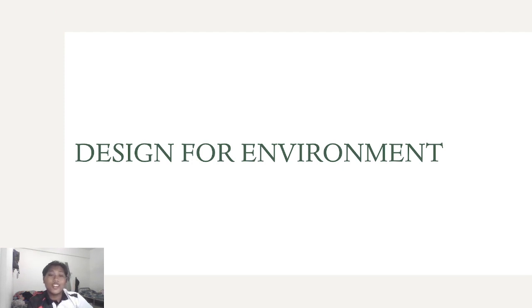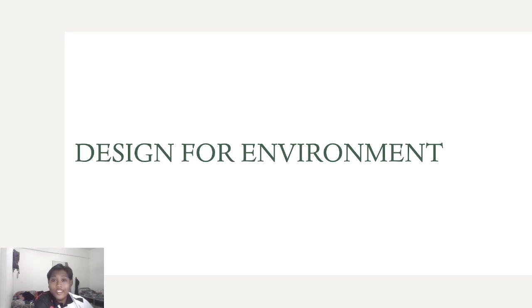Design for environment is the last part in this presentation. But what is design for environment? It is a method to minimize and eliminate the environmental impact of a product over its life cycle. Effective DFE practice maintains or improves product quality and cost while reducing environmental impact.